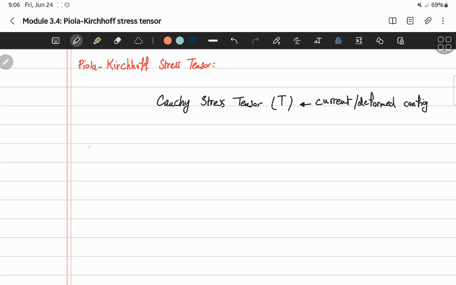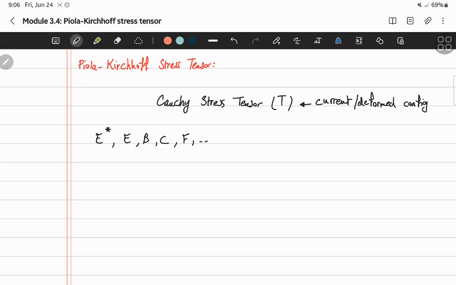So like the previous module, the third chapter of the book, we had E star, E, B, C, and F, and so many other tensors to characterize the deformation or the strains in a continuum.